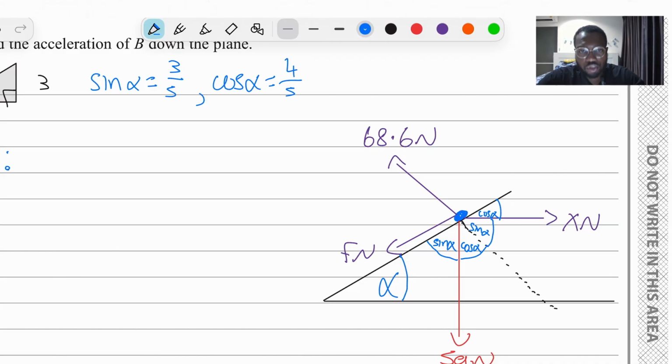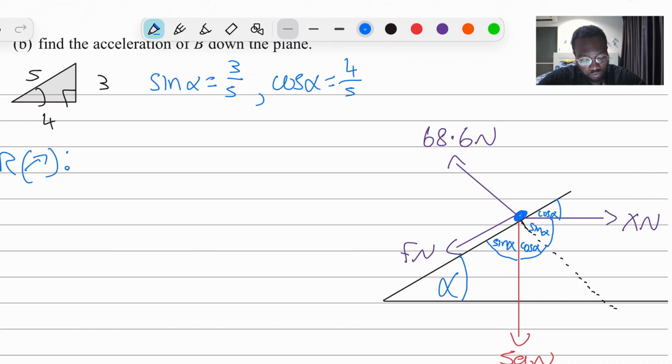I'm just using the fact that in 90 degrees we get a sine alpha plus a cos alpha, and pretty much drawing 90 degrees. And now by doing that, I know that for that X, it's going to be an angle of the cos alpha in that northeast direction. So we've worked out that.